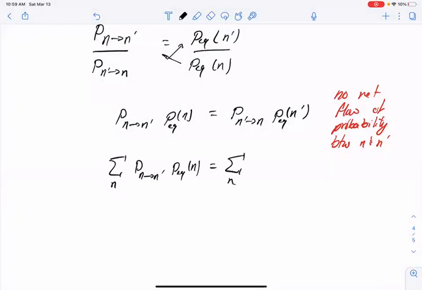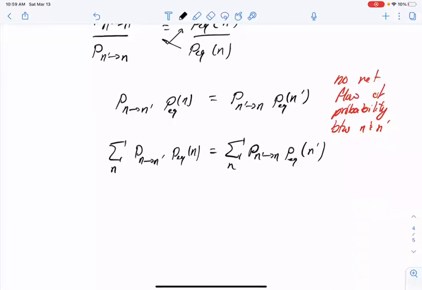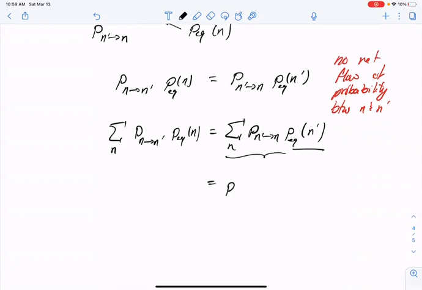If I sum, for example, over all n, P_eq of n prime is independent of that sum, it comes outside. The sum over all exit probabilities, all exit states that n prime can go into, if that is a normalized distribution, results in just 1.